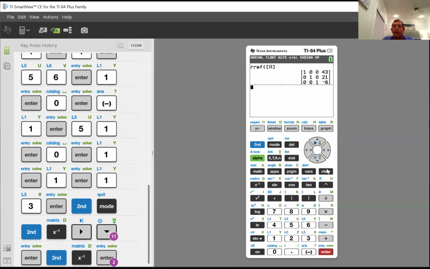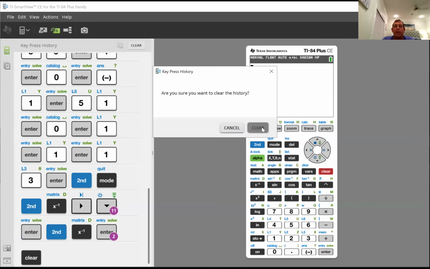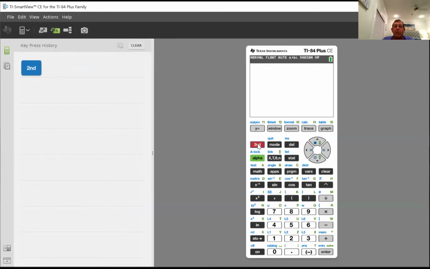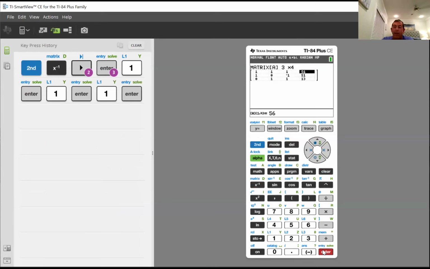So I'm gonna clear this off, and I'm gonna clear that history up over here. So second x negative 1, edit, and enter. It's a 3x4 already. So let's see, this is a 1 1 1 and a 301.